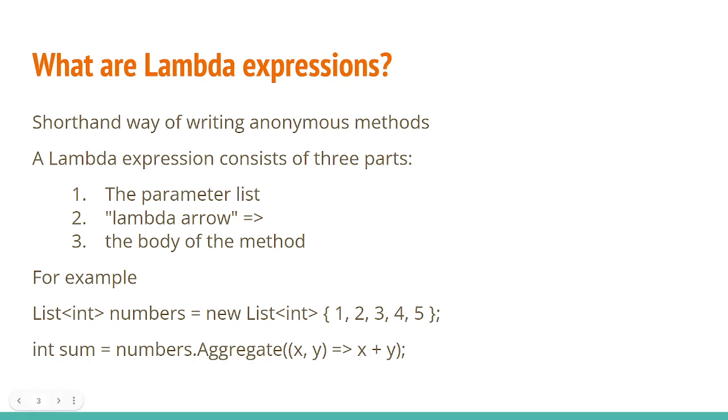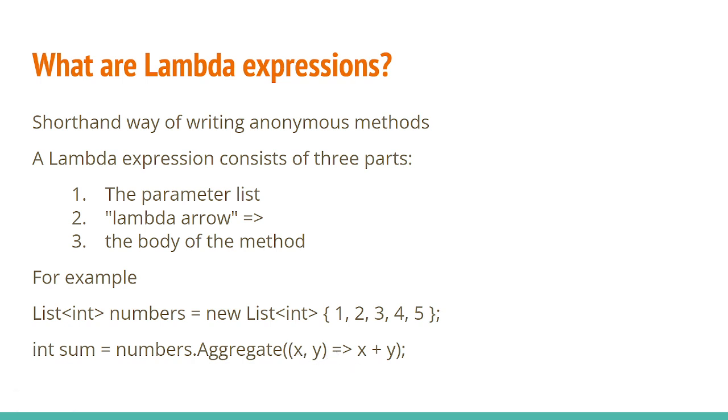So in this case we have a lambda expression x comma y, lambda arrow, then the body is x plus y, as an argument to the Enumerable.Aggregate function. The lambda expression takes two integers x and y, and returns the sum of the two parameters.